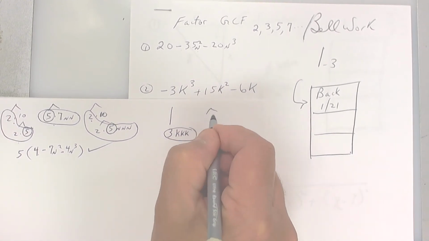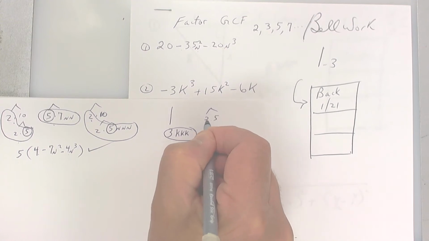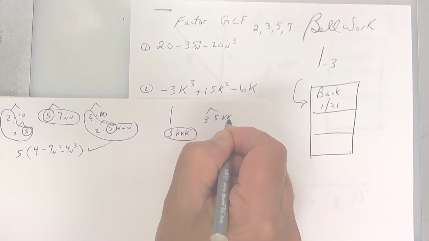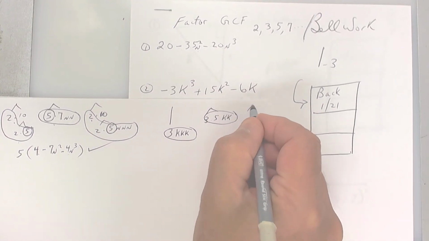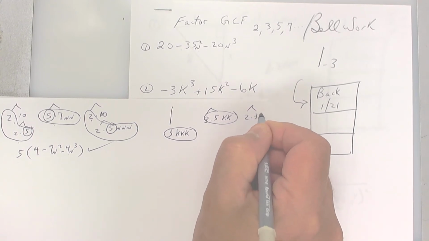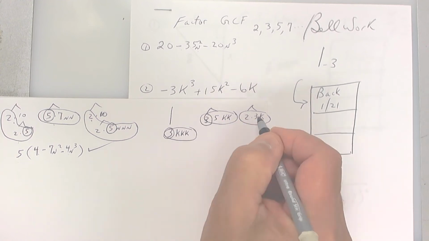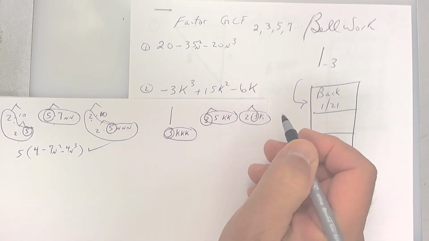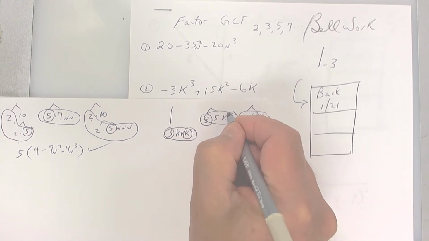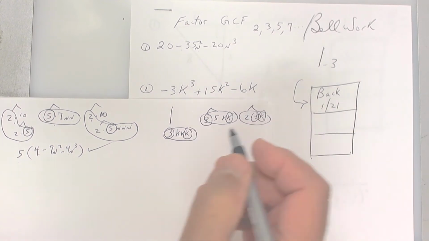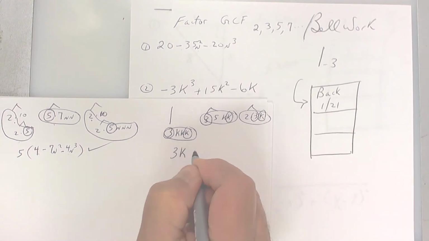Here you have 3 times 5 and you have 2 k's. Here you have 2 times 3 and you have 1 k. So it looks like they all have a 3. So circle the 3. They all have 1 k, so circle the k. So you're going to take out a 3 and a k.